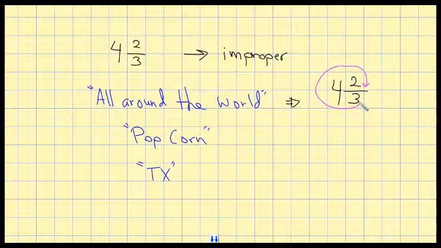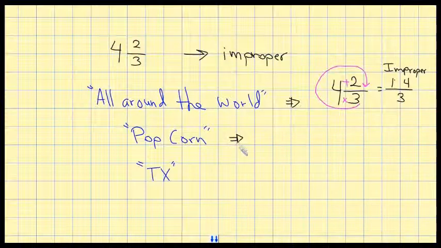That means you're going to start here at the 3 and multiply the 3, that denominator, times the whole number. Then you're going to add the numerator. So 3 times 4 is going to give me 12, plus 2 gives me 14. 14 over 3. Now we have an improper fraction. That's it. That easy. So you can remember all around the world.